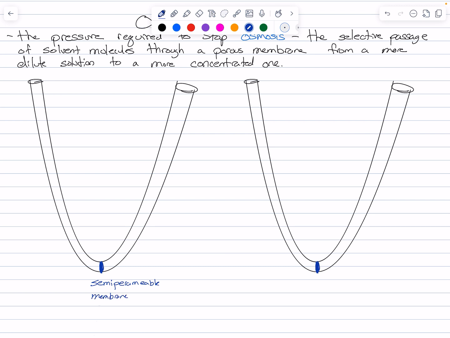All right, so on the left side, I'm going to have just pure H2O. All right, and on the right side, at the same level, we're going to have H2O, but we're also going to have solute in there.